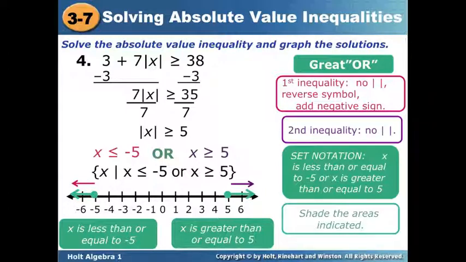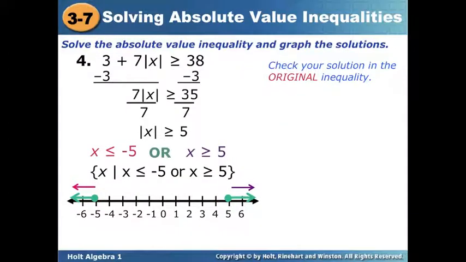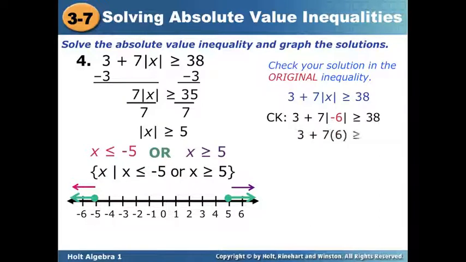Always check a number from the shaded region. We have 2 shaded regions, so we should have 2 checks. We're going to check in the original problem. So first, checking with -6, the absolute value of that is a +6. Now multiply 7 times 6 and then add 3.